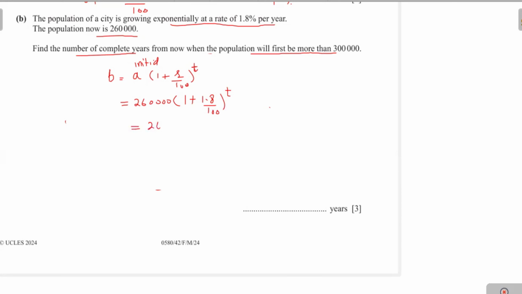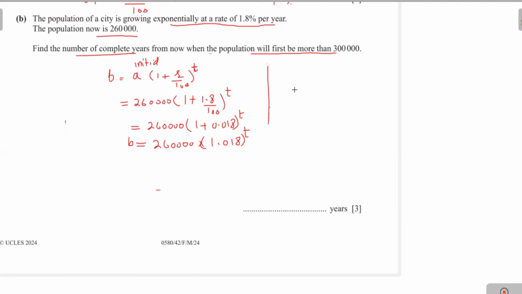This value is 260,000 into (1 plus 0.018) to the power t, that is 260,000 into 1.018 to the power t. This is the value of b. You see here the population will first be more than 300,000.